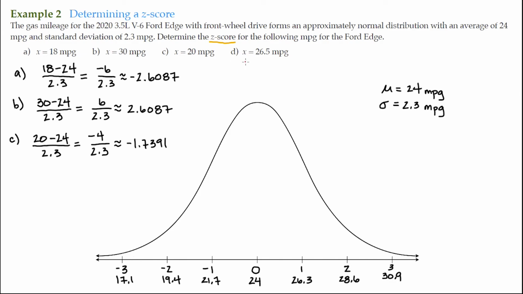And finally, for letter D, where x is 26.5 miles per gallon, here's 26.3. So 26.5 is probably just a little more than 1 standard deviation above. So then we'll calculate it. 26.5 minus 24, that's 2.5.